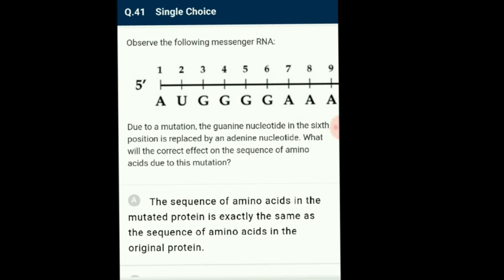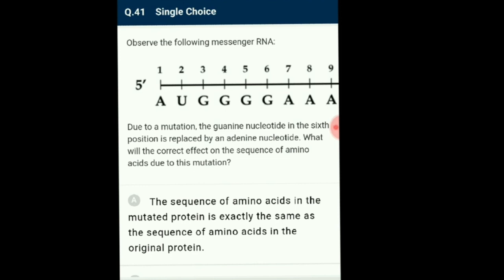The original mRNA in the 5' to 3' direction is AUG, GGG, AAA, CCC, UUU, UAA. The sequence of amino acids coded by this mRNA is methionine, glycine, lysine, proline, phenylalanine.